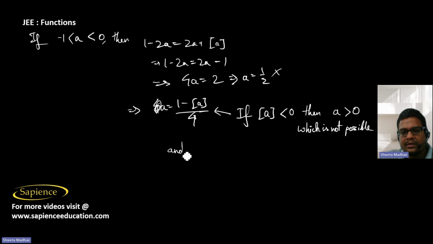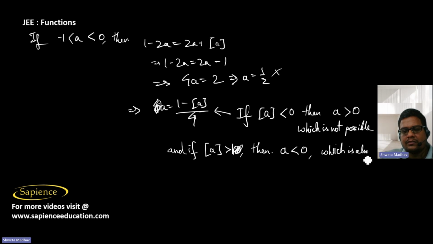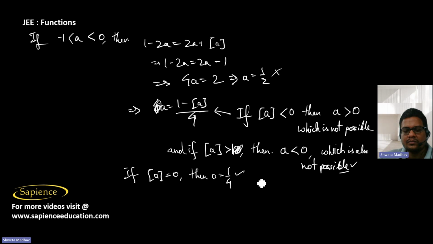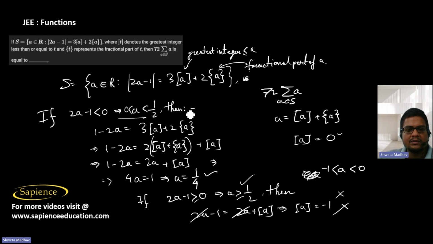And if bracket a is more than 1, then a will be negative, which is also not possible. So the only possible solution will come if I take bracket a as 0. Then only a will be 1 by 4 and which will be true. So the only solution is a equal to 1 by 4.